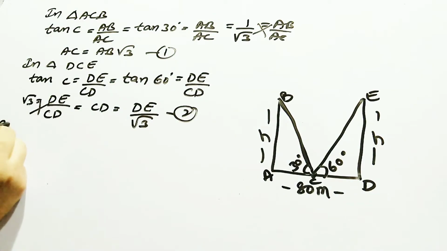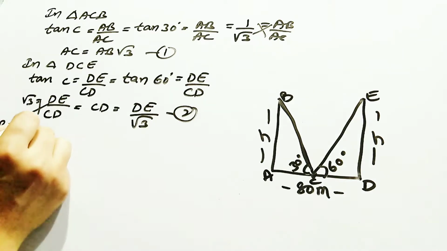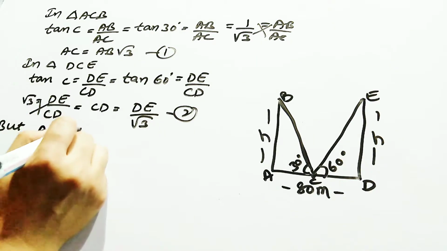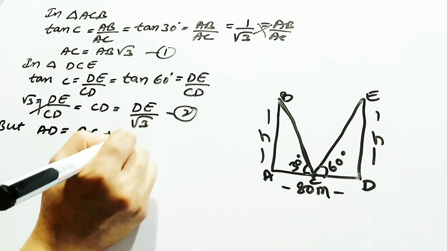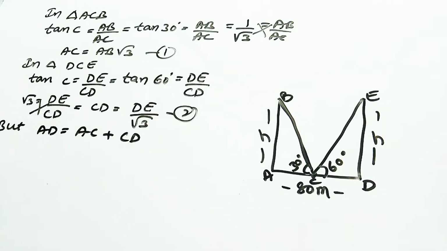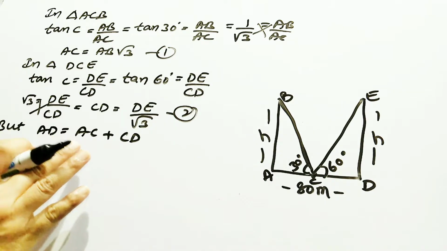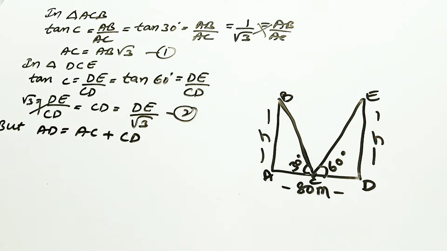What is your distance AD? AD is nothing but your AC plus CD. Then only you will get the width of the road. What is your AD? AD is nothing but 80 meters. What is your AC? AC is AB root 3.